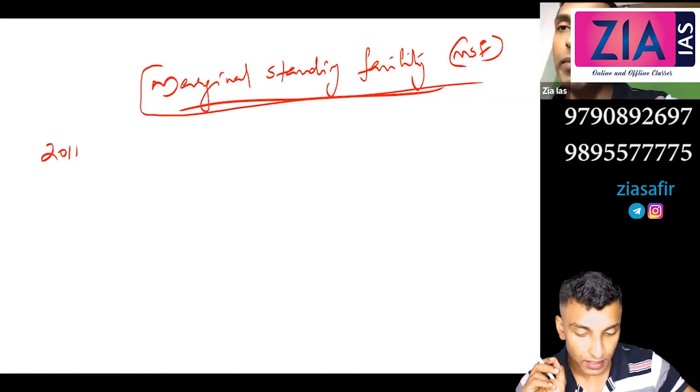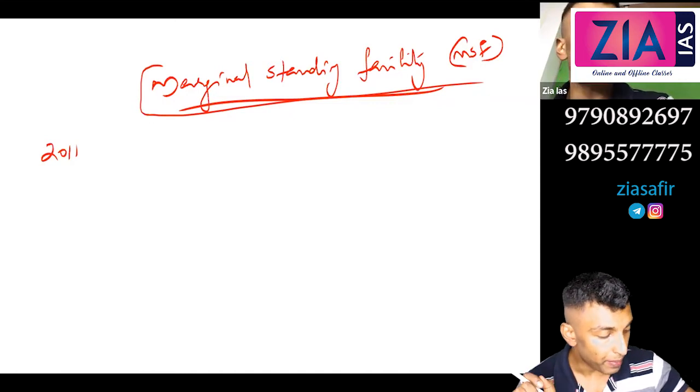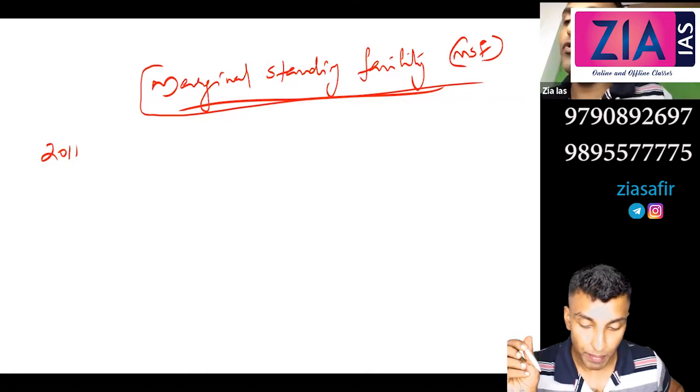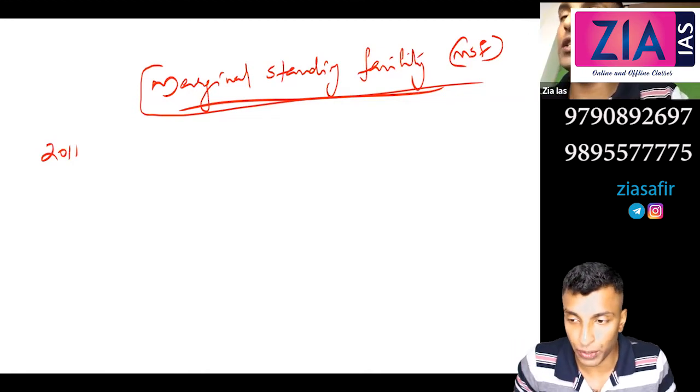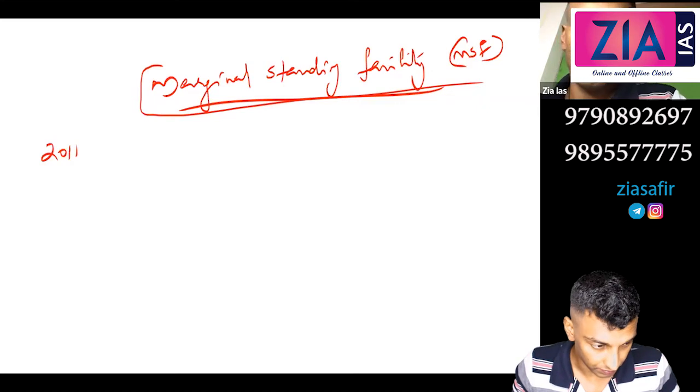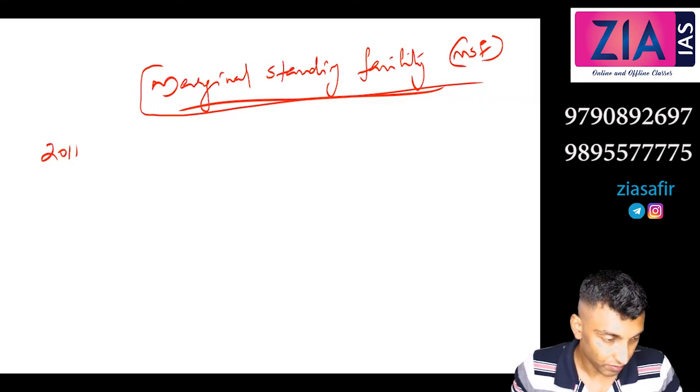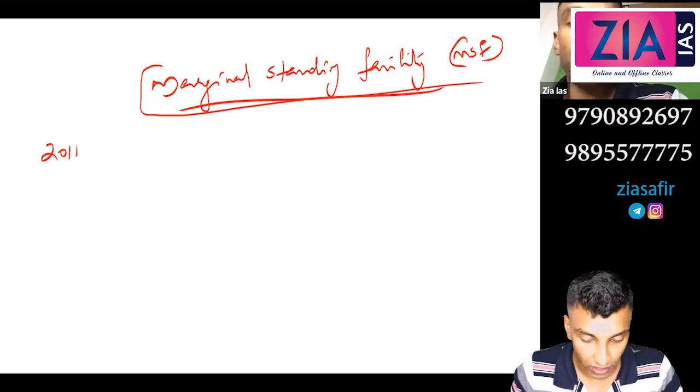One more line you write, this is more important, and this is how it differentiates from repo and MSF. Okay, this line is very important. Banks have to pledge, what kind of security, first class or GSEC? Yes, GSEC.